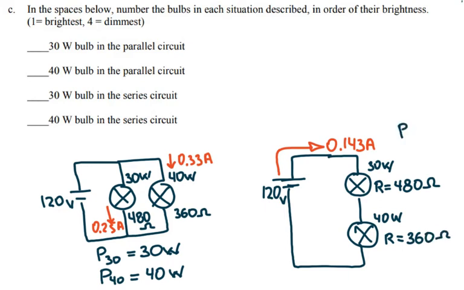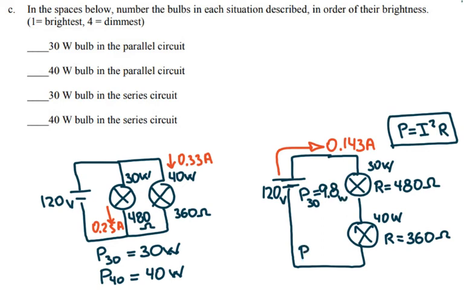The power is equal to I squared R, so I'm going to use this formula to calculate the power on each. The power on the 30 watt bulb is I squared, which is 0.143 squared times 480, and I get 9.8 watts.